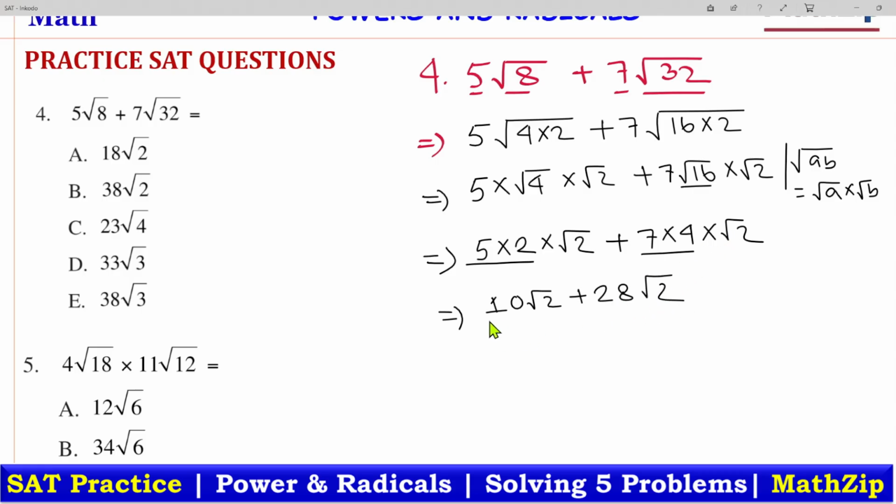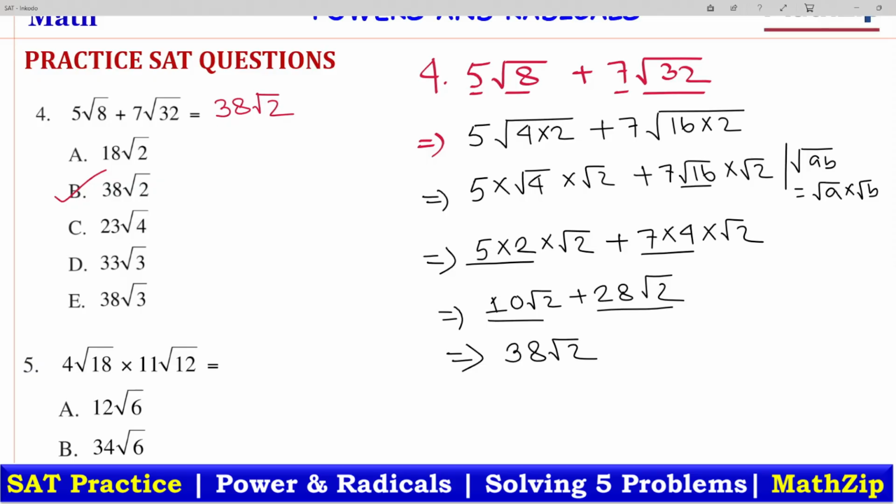Now 10 root 2 and 28 root 2 will be 38 root 2. So which option? It's option B. Our answer is 38 root 2.